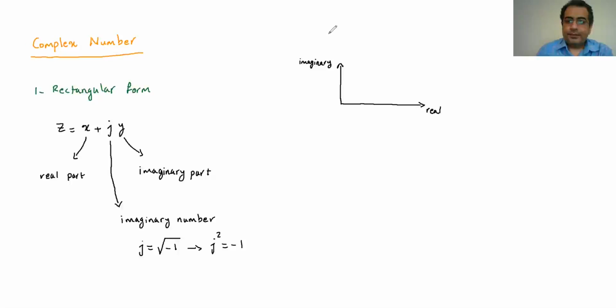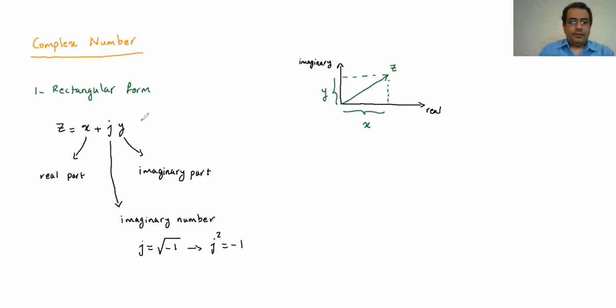The z would be shown with something like that. This vector is z, and its projection on the real axis is x, and its projection along the imaginary line is y.